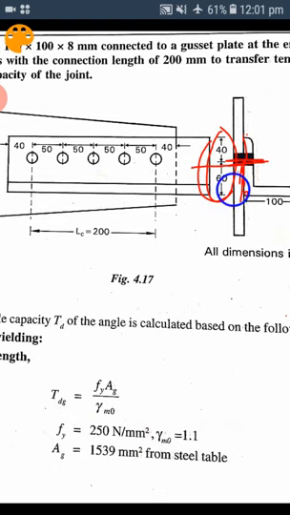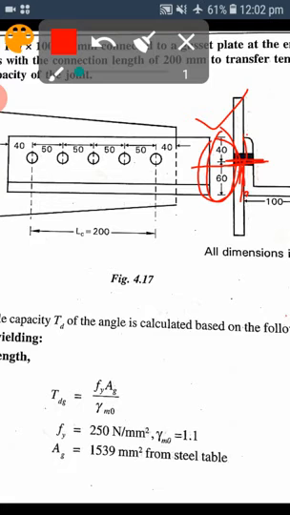For a particular width of the angle leg, these gauge distances are given. You have to refer to the ISI handbook for this, or else they will be given in the problem itself. Then by taking those distances, you have to solve the problem.